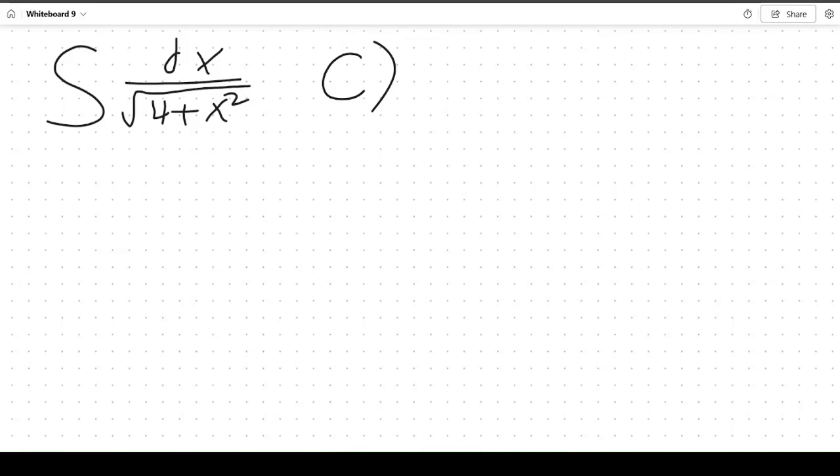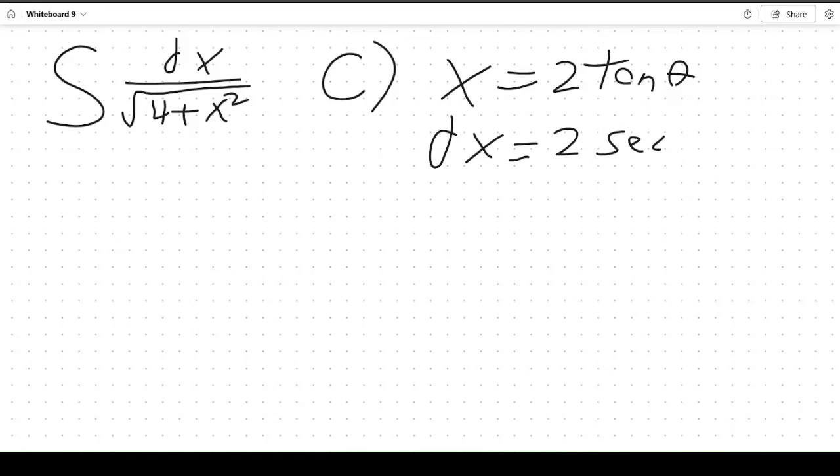So the next step is we have to rewrite our problem. Here we have dx over the square root of 4 plus x squared. And we know that x is 2 tan theta. The derivative of that is going to be 2 secant squared theta.